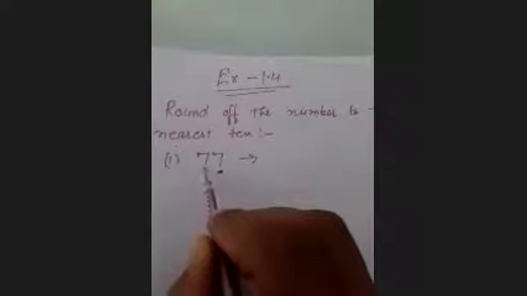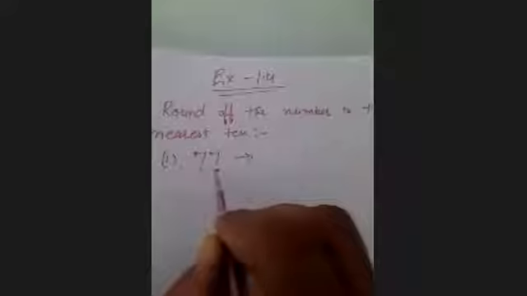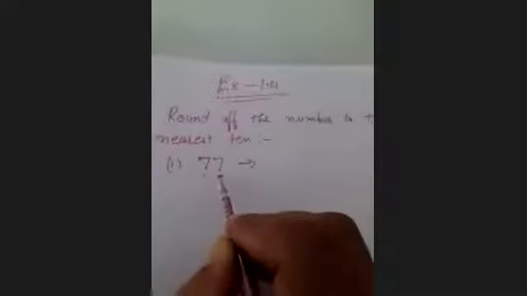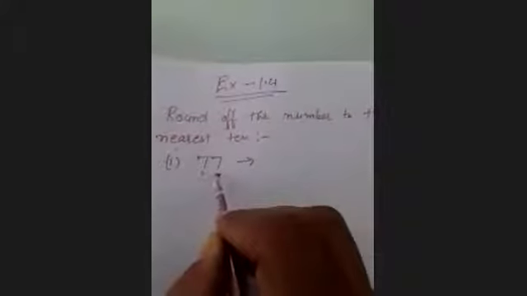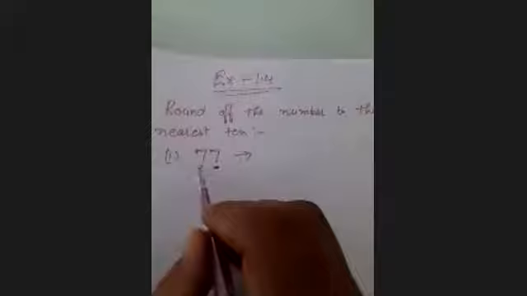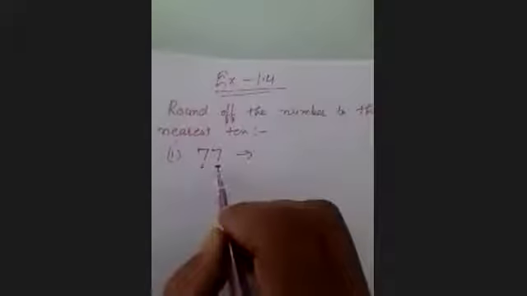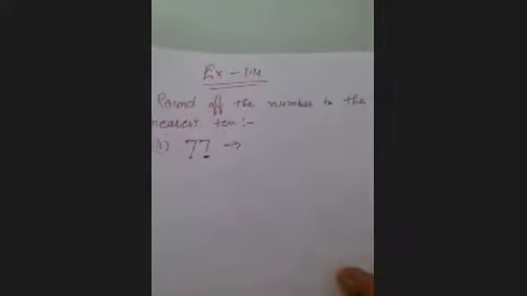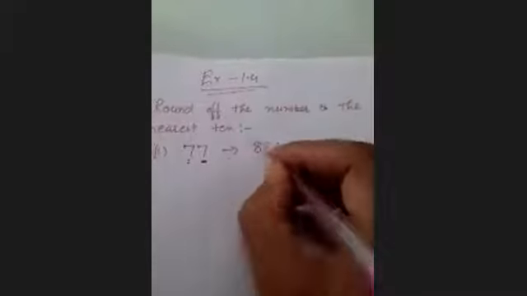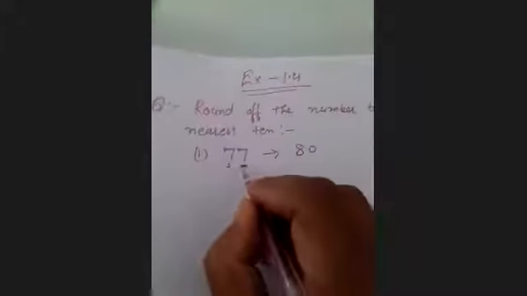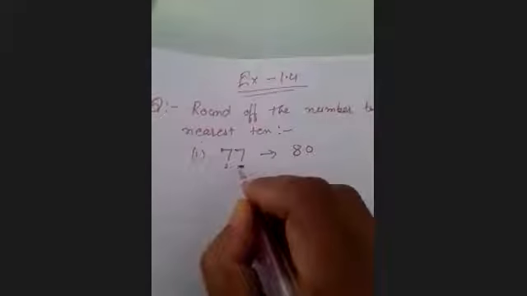The 7 here converts to 8, so 80. If this number is less than 5, then our nearest value is 70. Clear, students? So the nearest value of 77 is 80 because this number is 7, and 7 is greater than 5.